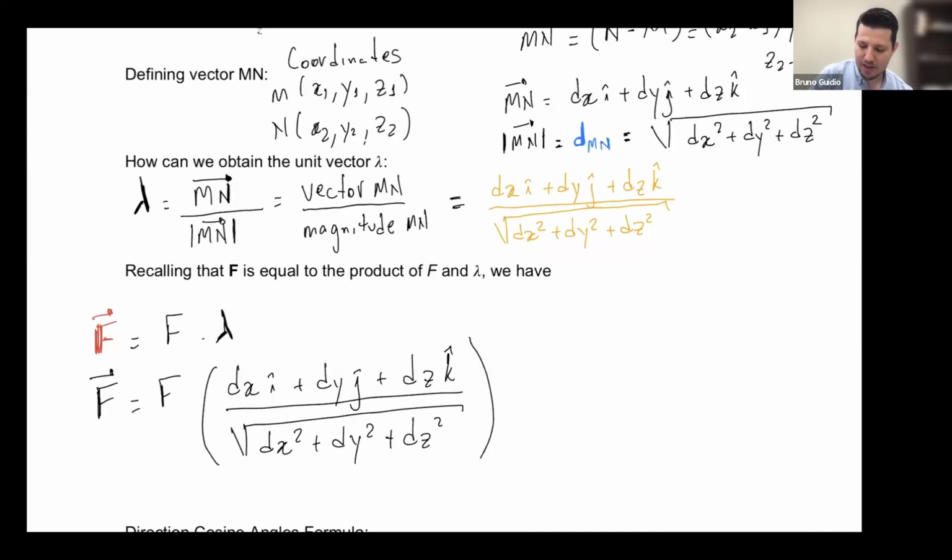Let me simplify it so you can visualize better: the magnitude of the force vector divided by the magnitude of these 2 points, of this vector MN, times dx i, dy j, and dz k.